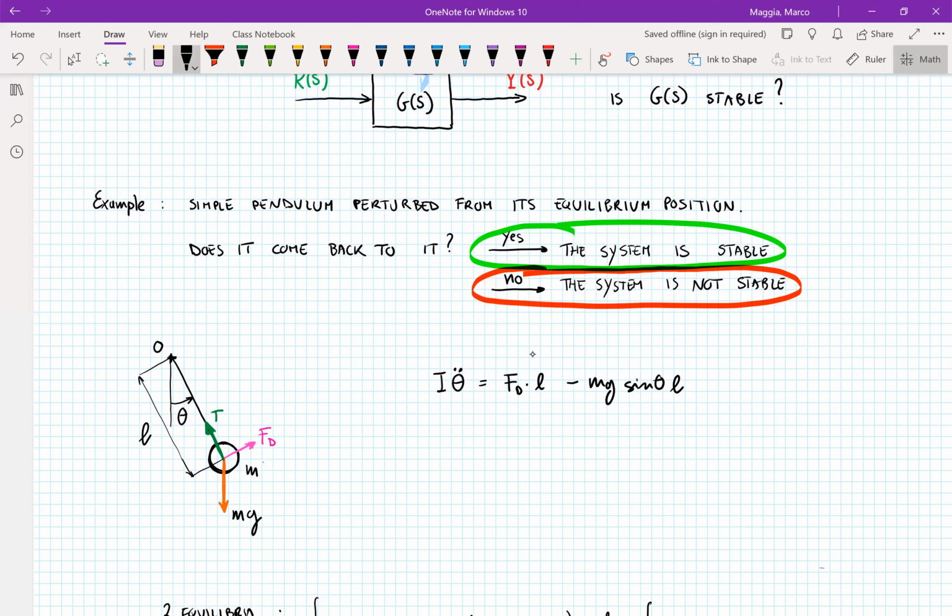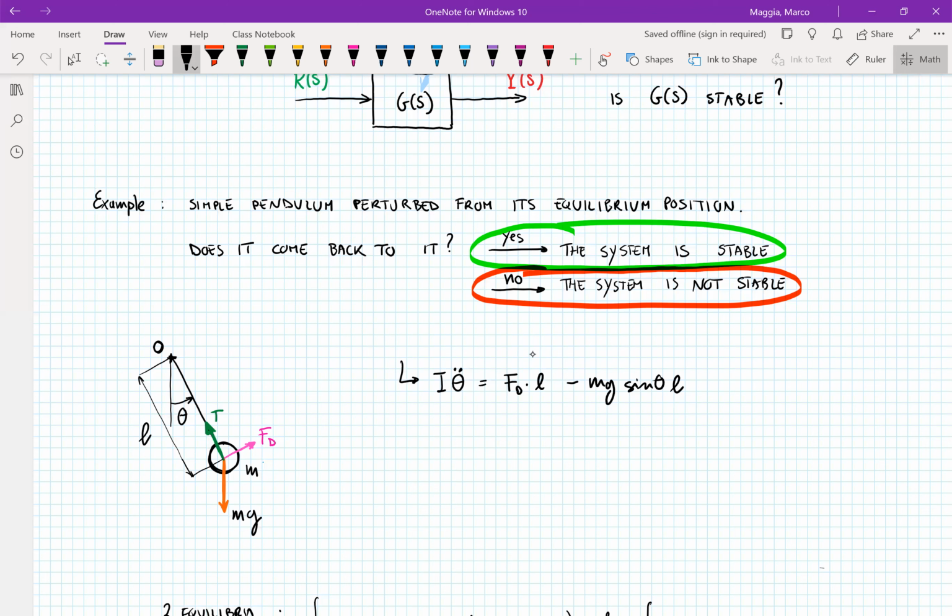And then we don't have any other external forces. Since these equations of motion are taken with respect to the point O, the tension T does not provide any external moment.